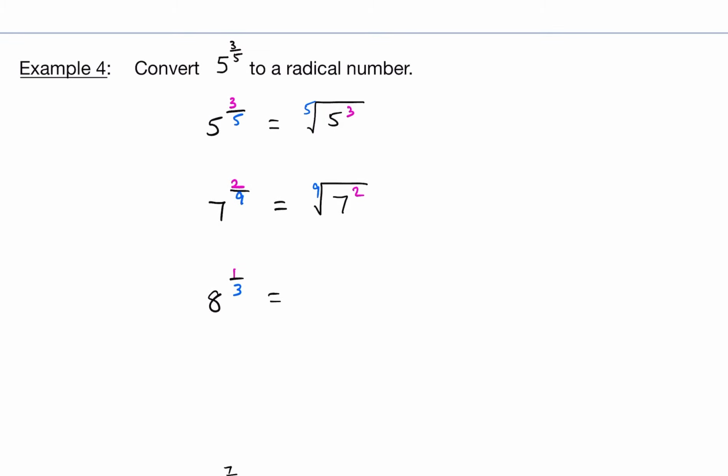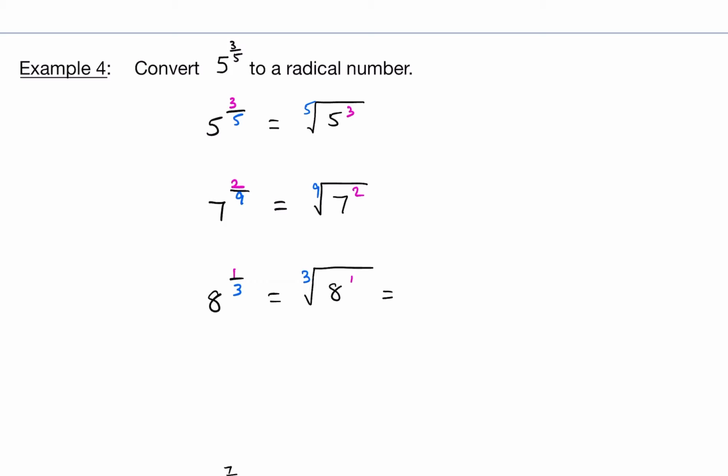This is going to lead us to another point I want to make. So let's go ahead and do this first. This is going to be the third root or cube root of 8 to the 1 power. Now watch this.